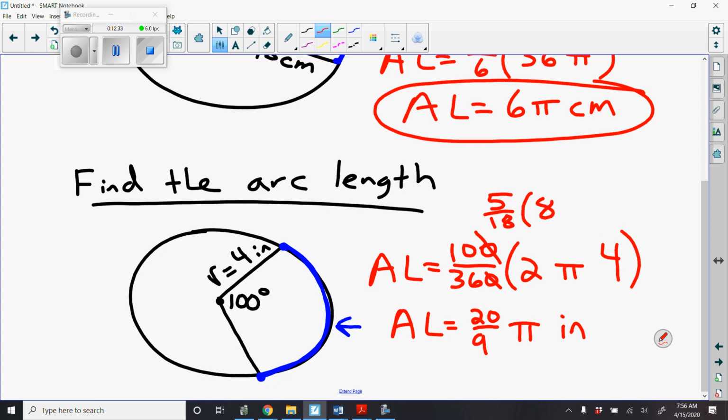And then multiplying that by 8 pi, this can become a 9, a 4. 5 times 4 is 20 over 9 pi. So I can do it by hand, or I can do it with a calculator. We just want to make sure we leave our answers in terms of pi, and that we have a simplified fraction out front. Okay, let's try one more example, and then we'll be done for today.